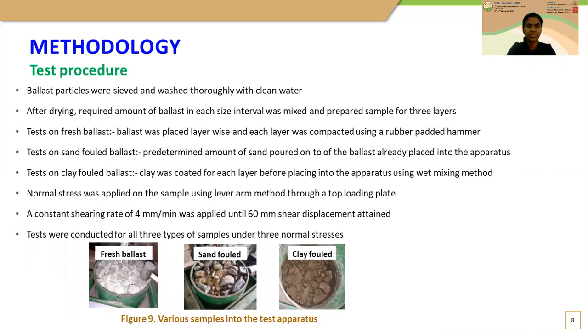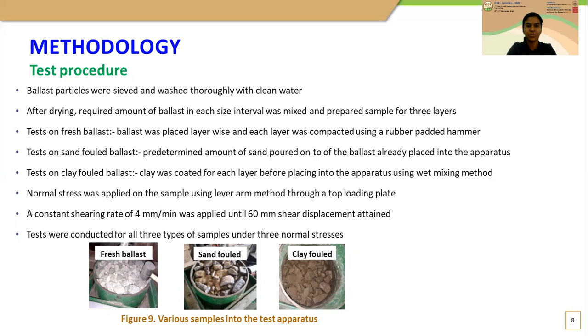Initially, ballast particles were sieved and washed thoroughly with clean water. After drying, the predetermined amount of ballast in each sieve interval was mixed and the sample prepared in three layers. For the fresh ballast test, each layer was placed and compacted using a rubber padded hammer.